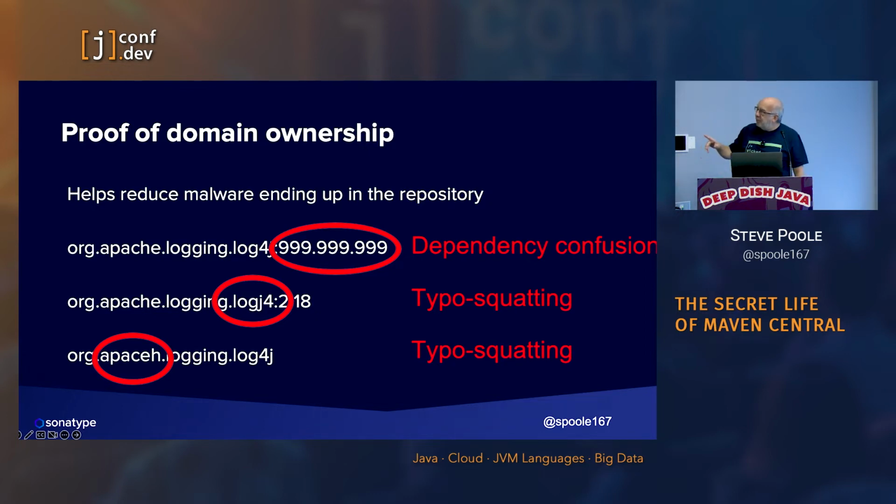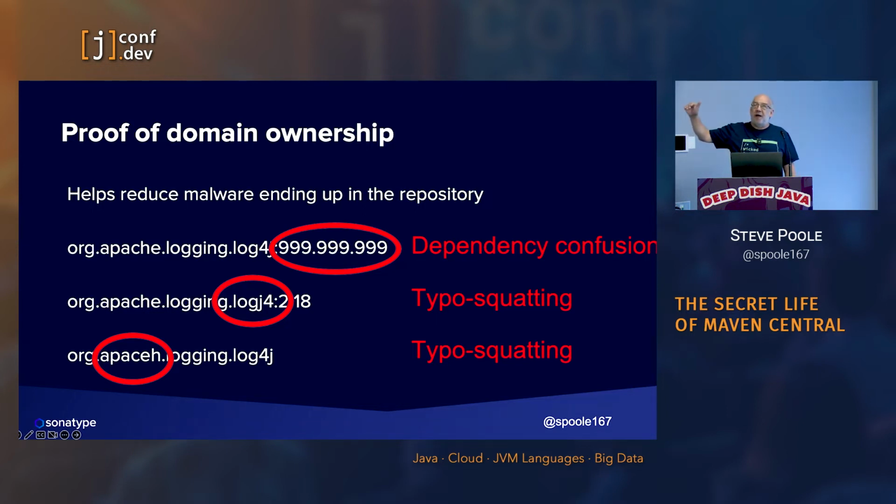The next one is what's called typo squatting, which is the idea that when you put in a dependency, you may have spelled it wrong. You may just transpose a couple of characters. So like this one, it's got log J4. Now this is quite feasible to happen in things like the Node space or the Python space, because as I said, you can register whatever you like.